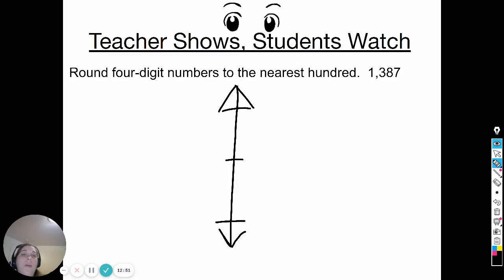Now, we want to have our bottom number be the nearest hundreds place. So we're actually going to chunk that thousands in with the hundreds. Rounding to the nearest hundreds place, we're going to kind of make this into 13 hundreds. Okay? So we're going to do our 13, 0 in the tens, 0 in the ones.